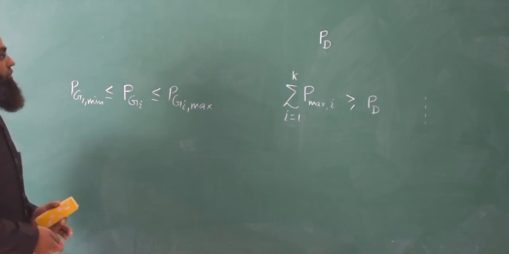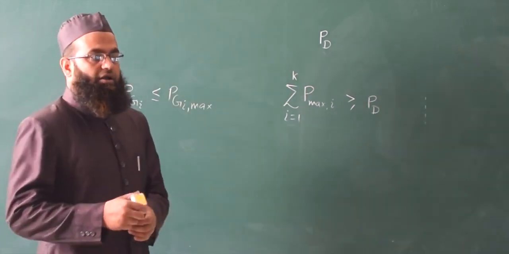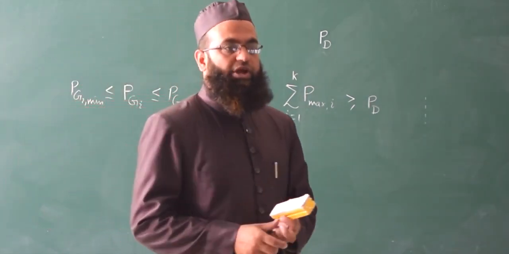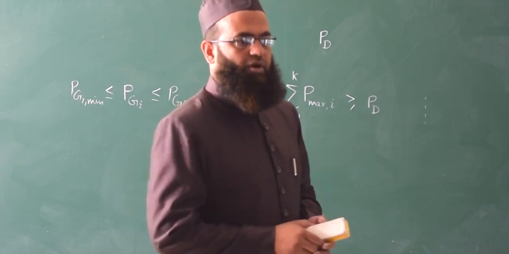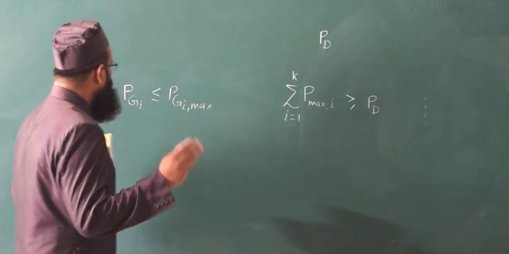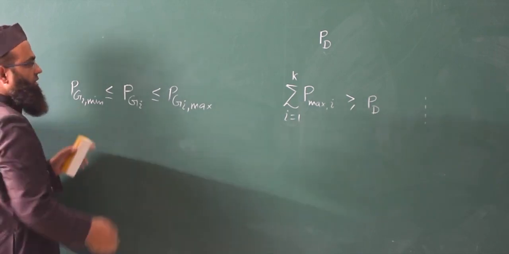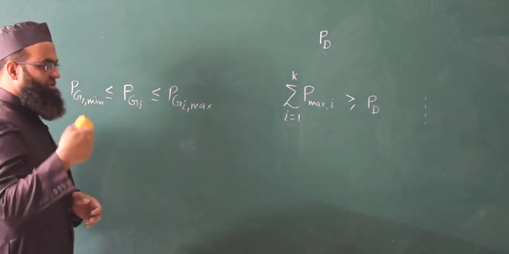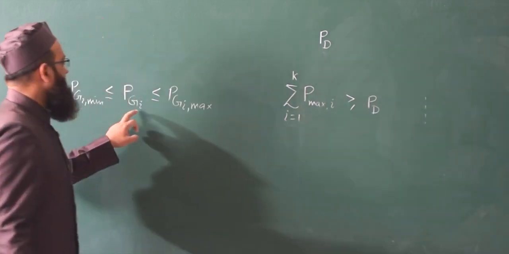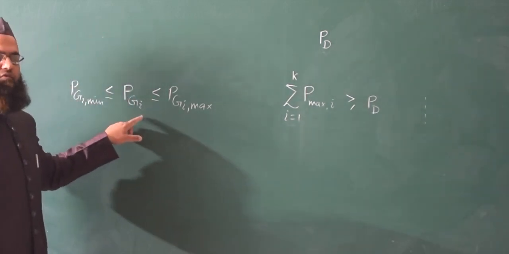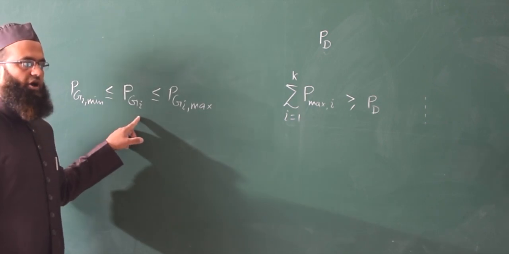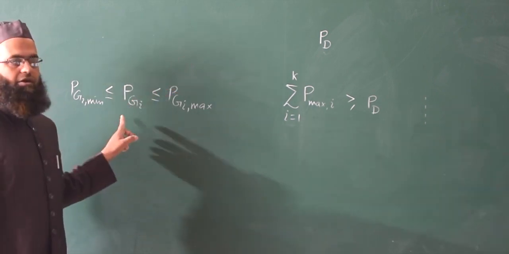Actually we are not going to load all the units at its maximum capacity due to economic reason. We have seen the curve, right? So we have to load in between these limits. So suppose each unit is loaded at PGI. Suppose unit 1 is loaded at PG1, unit 2 at PG2 and unit K at PGK.